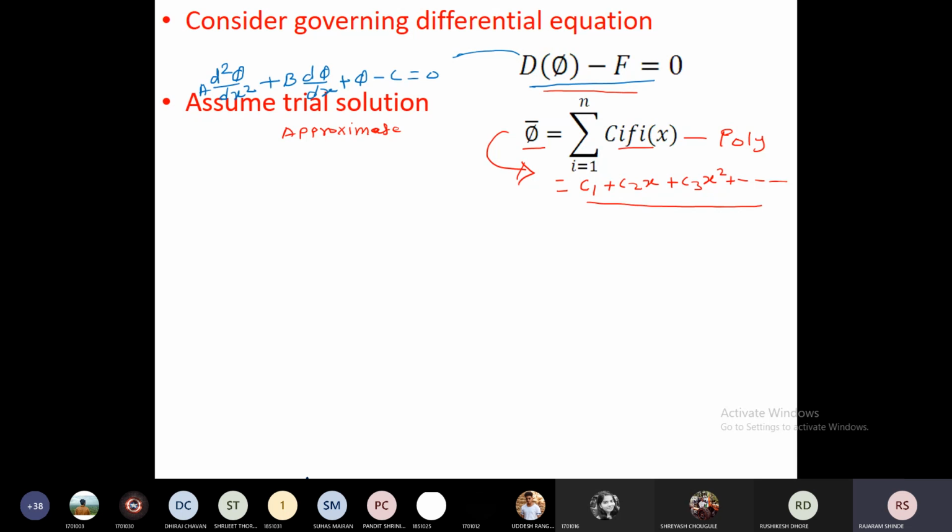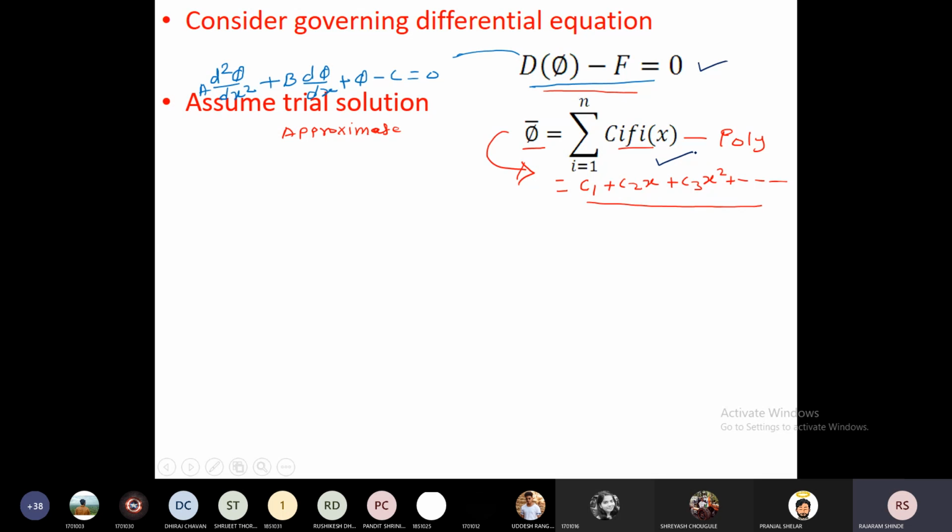Now what is the next step after assuming the trial solution? Yes, can anyone tell? Pranjal Shelar, what is the next step? I have assumed the solution. Now what is the next step? Akshay Patil. I want to solve this differential equation. For that purpose, I have assumed this solution.